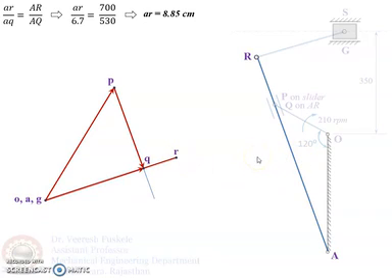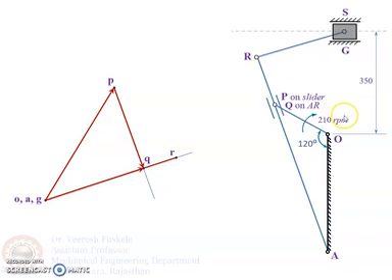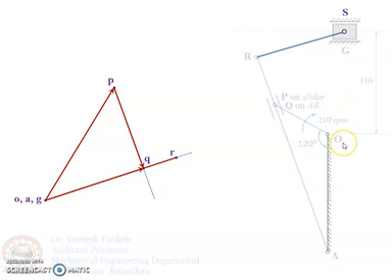Next, we have to draw the velocity vector of the link RS. So again, as we know, the velocity of the link is perpendicular to the link. So we'll draw a vector which is perpendicular to the link RS as follows with the use of set square.